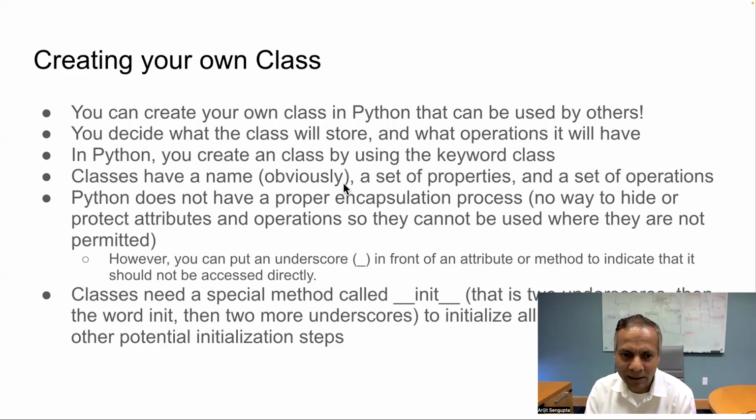So a Python class, you always use a keyword class. So to define it, you will need class. And of course, you need a name. And then you also need some properties and sets of operations. We're going to be learning about what properties are, what operations are, and how to identify them eventually. But today we're just looking at the syntax.